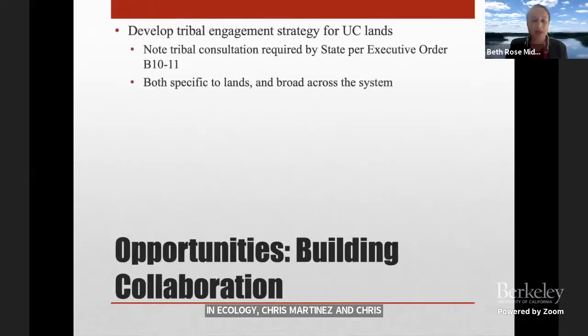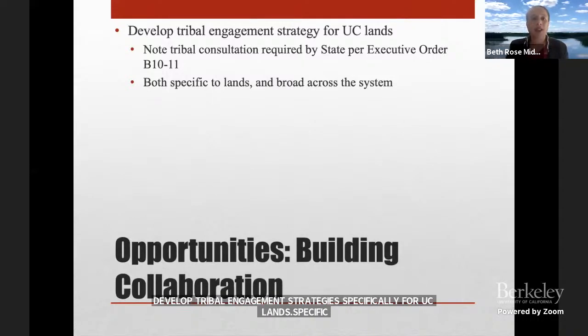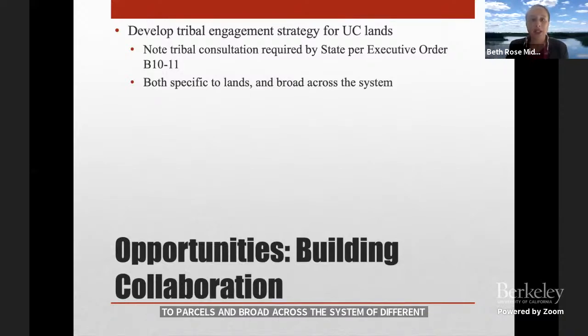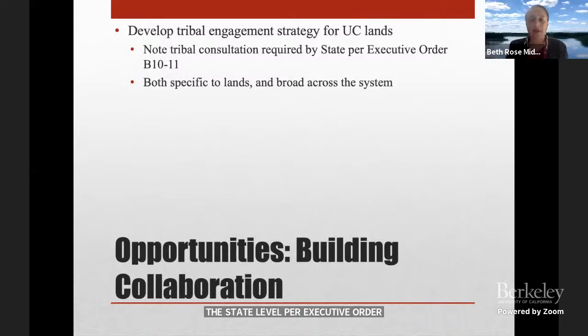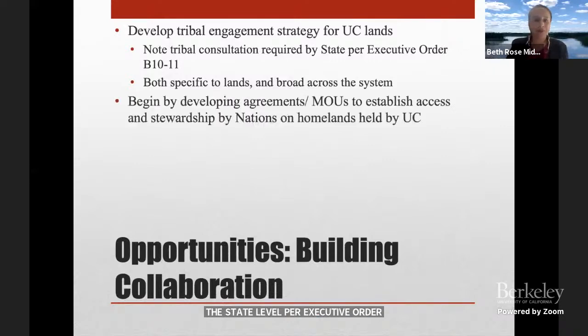More opportunities building collaboration. Are there opportunities to develop tribal engagement strategies very specifically for UC lands, both specific to parcels and broad across the system of different types of lands that UC owns? We do have precedent for this at the state level per Executive Order B-10-11 by former Governor Brown, requiring tribal consultation in state agencies with tribes.